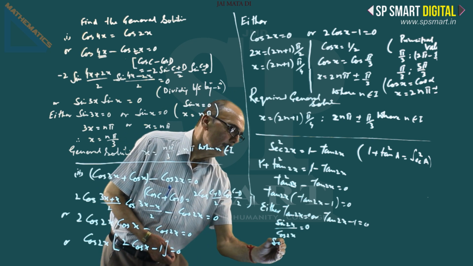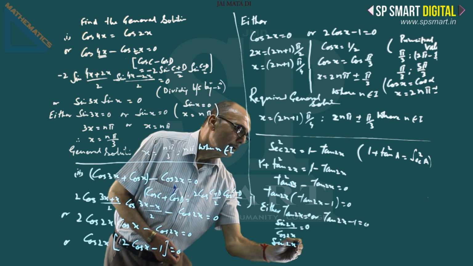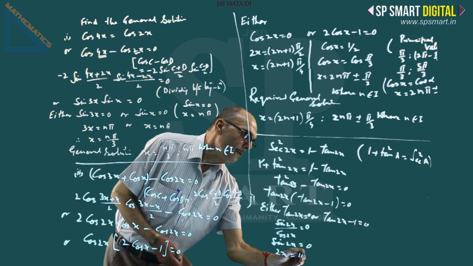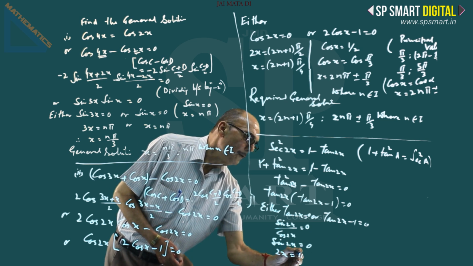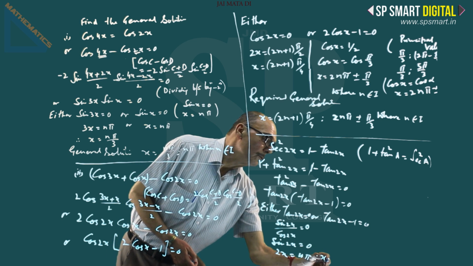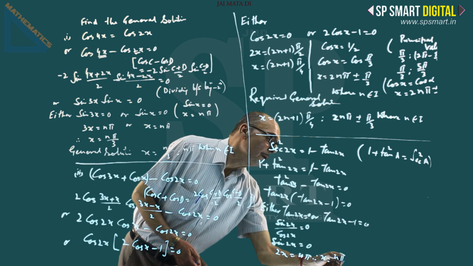Sin 2x equal to 0, therefore 2x equal to n pi. Therefore, x equal to n pi by 2.